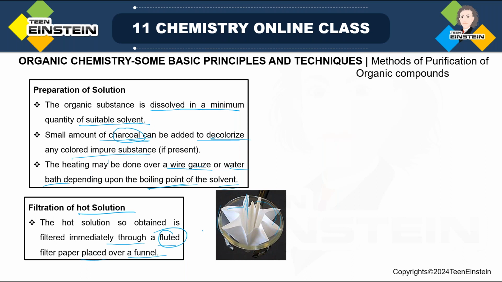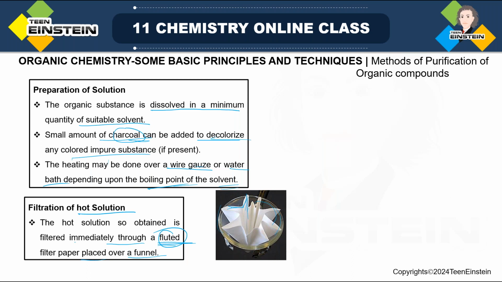So as a result, when we want the filtration to be very quick, when you use fluted filter paper, the filtration happens very quickly. The first reason is that the surface area is increased with this type of shape of filter paper. And the second reason is that these surfaces are not directly adhering to the glass, so the filtration process will be very quick, and that we want.